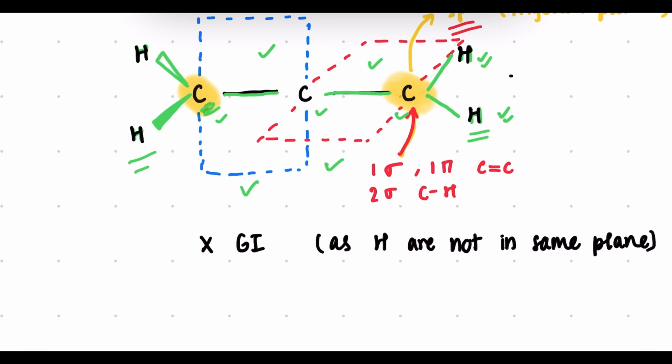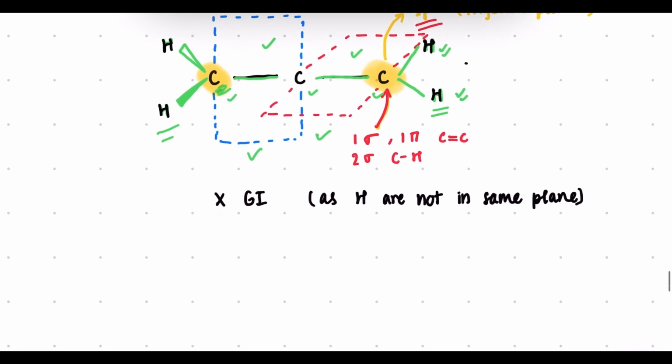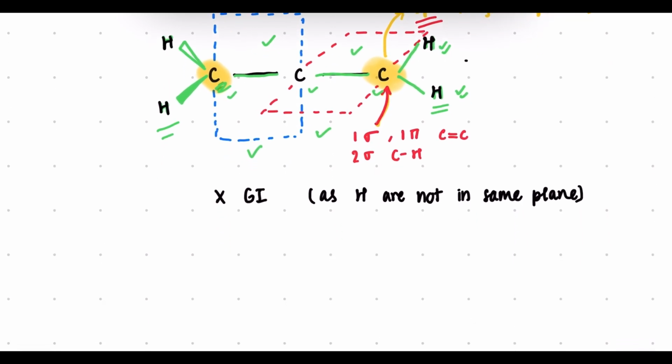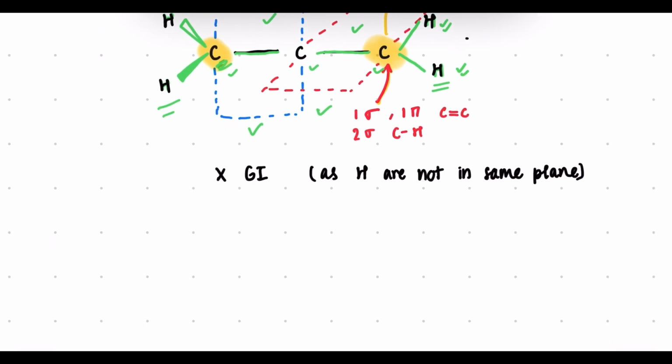And because they're not in the same plane, this compound does not exhibit geometrical isomerism. So now let's try another one. We'll try an allene with 4 carbons instead. And why don't you try and figure out whether or not the compound can show geometrical isomerism.